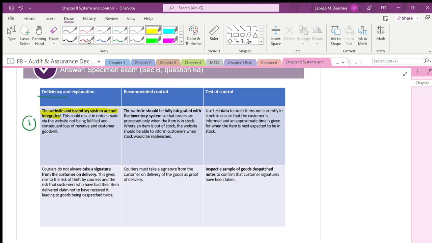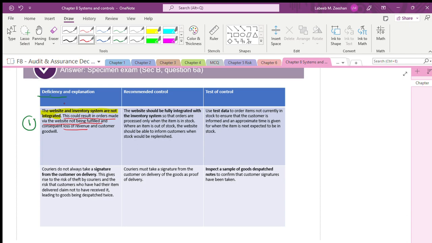Next, in the second case, they are explaining what will happen: this could result in orders made via the website not being fulfilled and consequent loss of revenue. First, they identify the deficiency. In the second sentence, they explain that deficiency. What are the recommendations? They say that the website should be fully integrated with the inventory system.